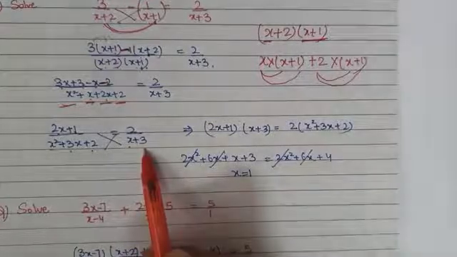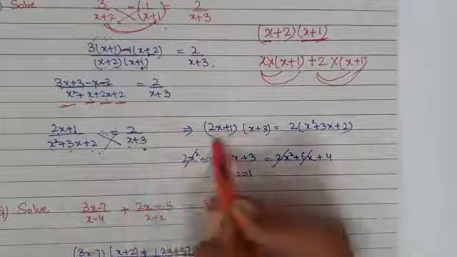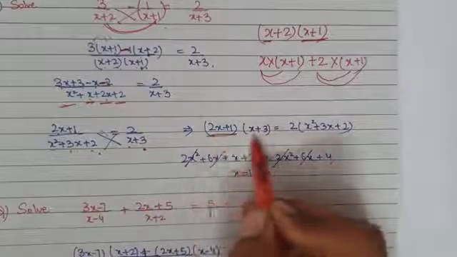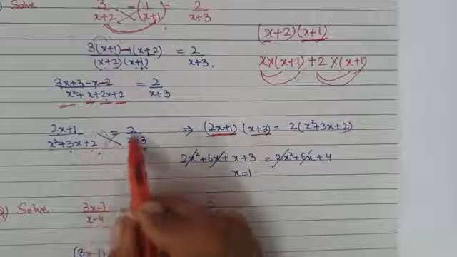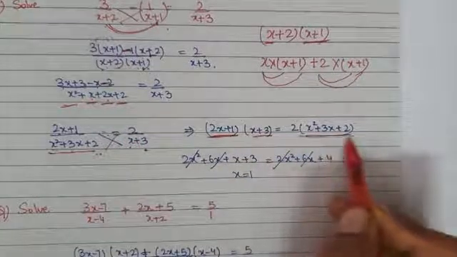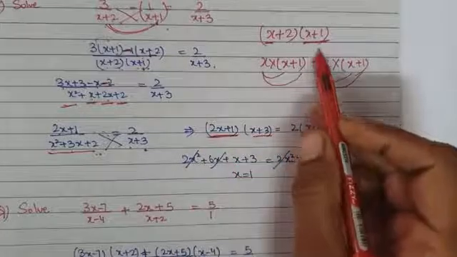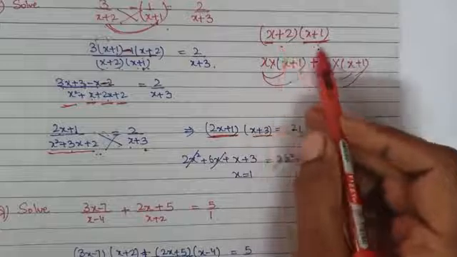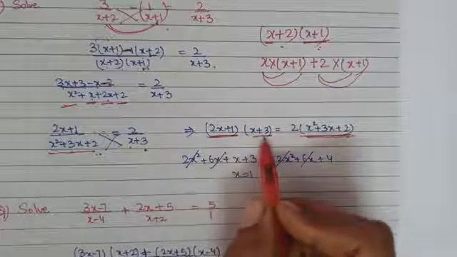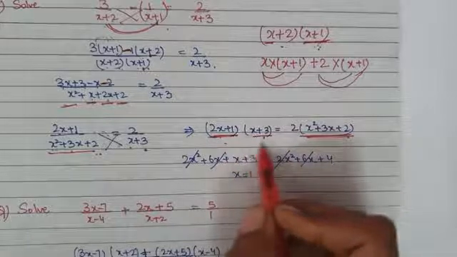Now again cross multiplication we will do. 2x plus 1, x plus 3, 2 into the whole second degree polynomial. Now as we have done here the multiplication of two brackets, in the similar way we will do the multiplication of these two brackets also.